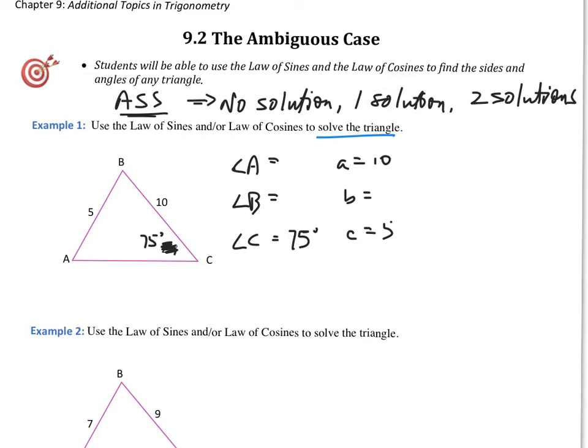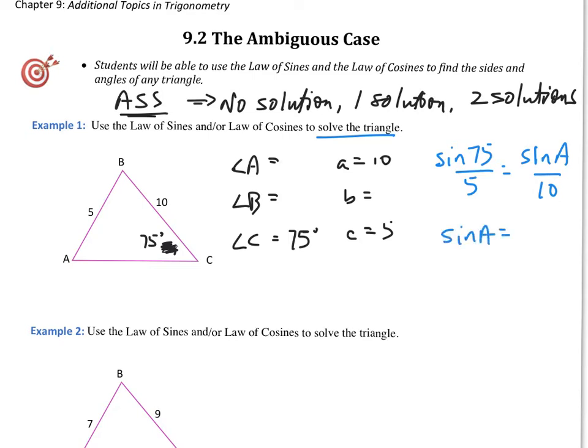Now remember, we've said that law of sines is easier. Does anybody see a way of using law of sines? Oh, you can do sine of 75 over 5, which equals sine of A over 10. Do you agree with them? Okay, so we're going to multiply out the 10 to get the sine of A by itself.